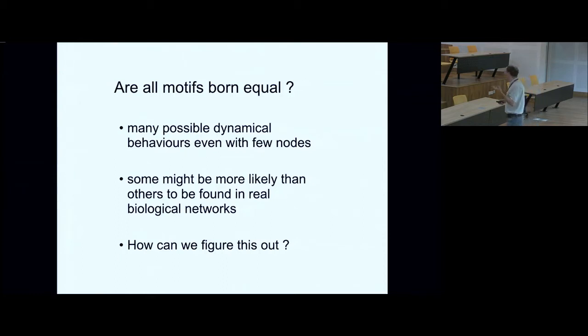We also saw that even with small motifs with few nodes, you can have many possible dynamical behaviors. So the bottom line is, we don't quite know a priori which motifs we expect to see in networks. We can analyze them statistically, but we cannot really know a priori.